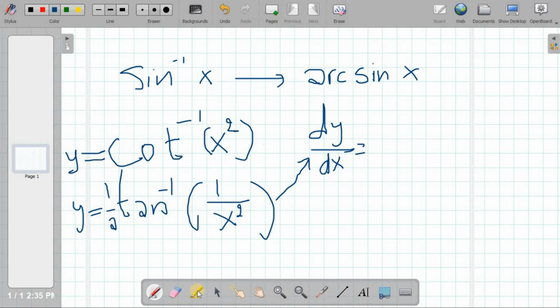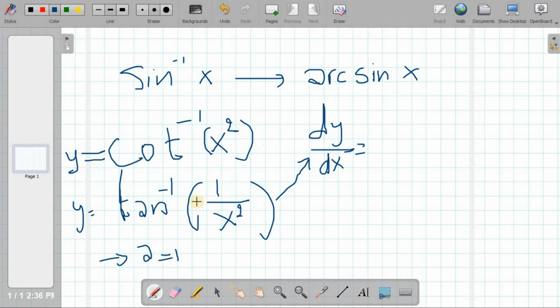Because we don't have anything here, we assume 1 over a is 1 over 1, which is the same thing as saying it's 1. So in our case now, a will be equal to 1.